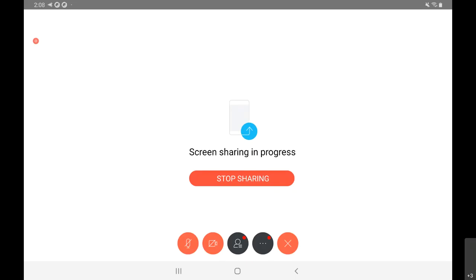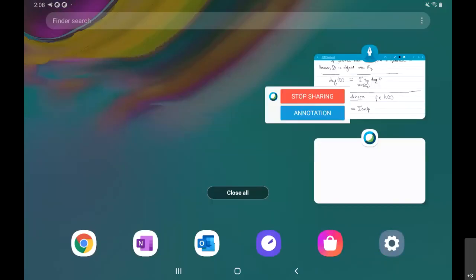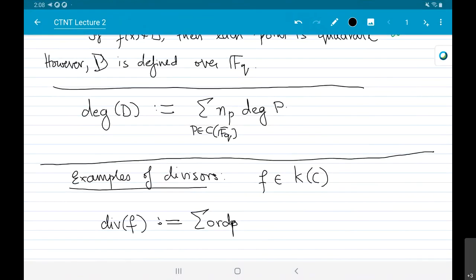Okay, how is this? Okay, I'm just going to do this. It works. Okay, hopefully this works. Yeah, looks good.